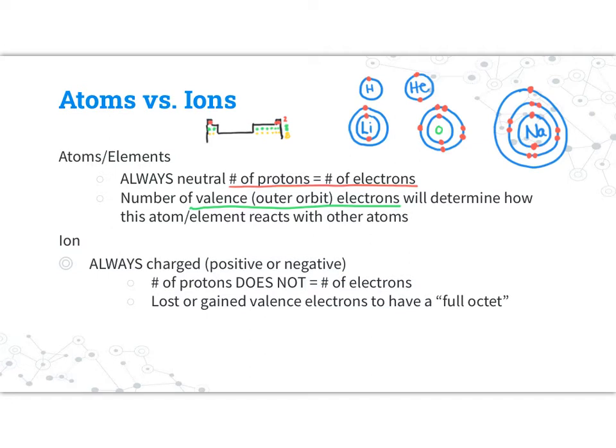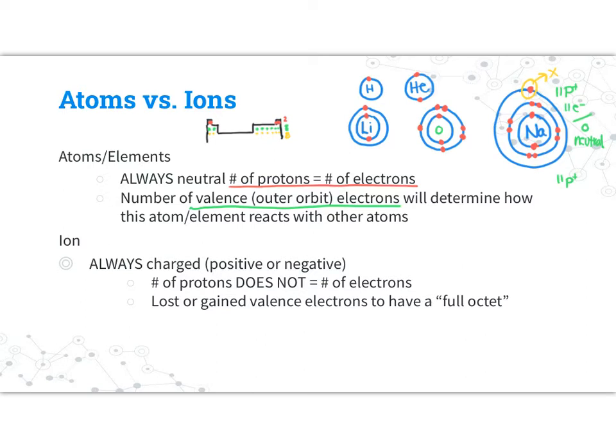All right, so if it kicks out an electron, well, let's think about sodium here for a second. Sodium had 11 protons. It currently, in our diagram, has 11 electrons, so it's neutral. If it kicks out this electron and it's gone, I still have 11 protons.